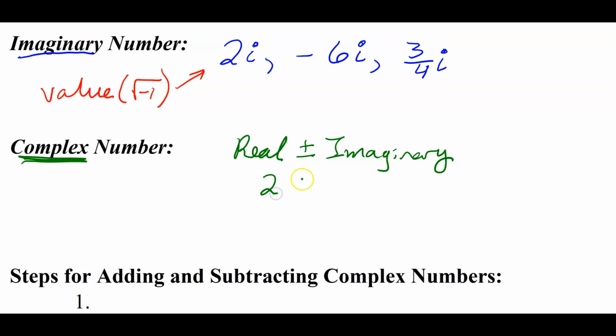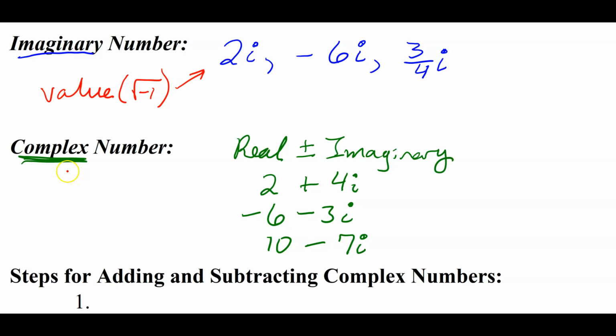So 2 plus 4i, negative 6 minus 3i, 10 minus 7i would all be complex numbers. Okay, complex itself contains all of the numbers. So I can write any number as a complex number if I need to.